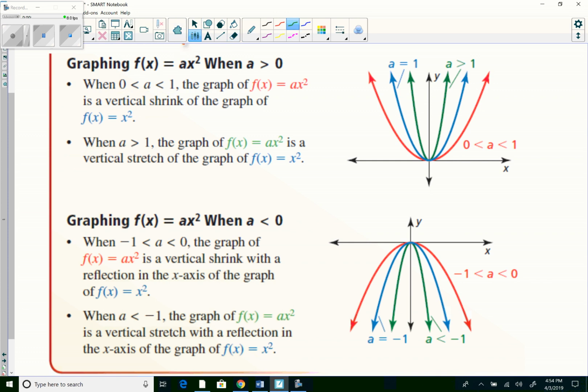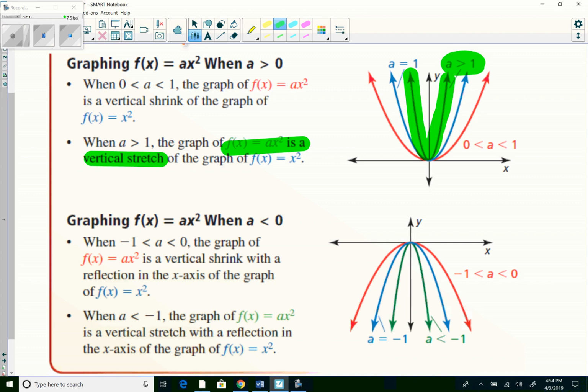Basically, as you can see on the right hand side, what's in green is when you have an a value that's greater than 1. So that's what's going to happen when you have a vertical stretch. Just think of it like when you're stretching, you put your arms straight up in the air.